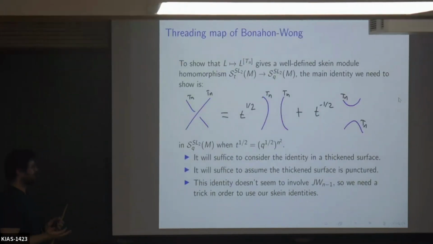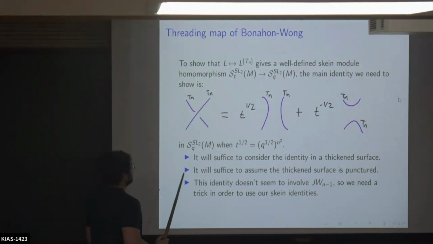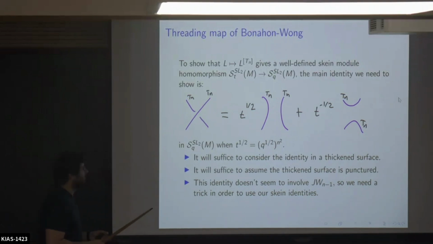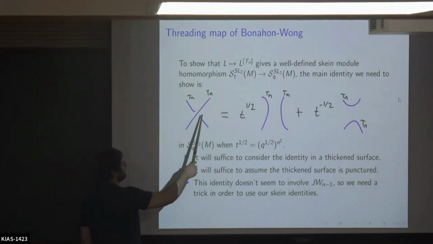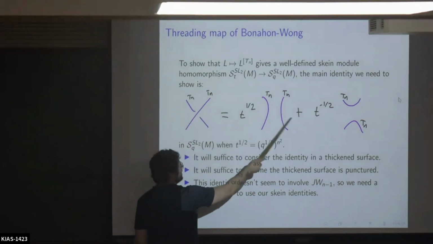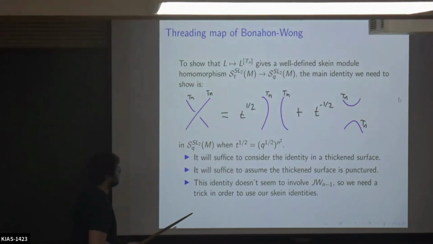And so we want to use those Skein identities to see that the Frobenius homomorphism of Bonahon-Wong is well defined. We've already considered the loop relation. The main relation that we need to consider is this: when q equals t, we could rewrite a crossing as a linear combination of the two resolutions of the crossing.